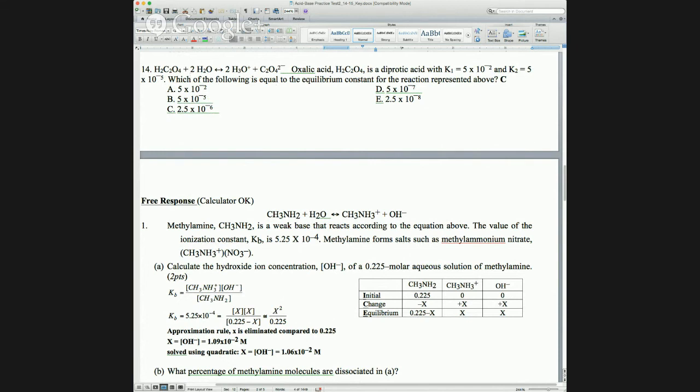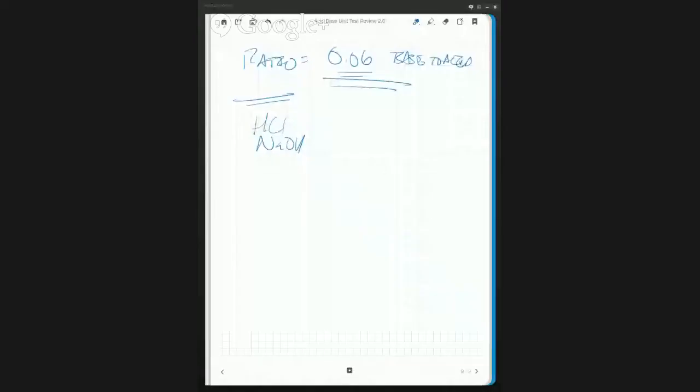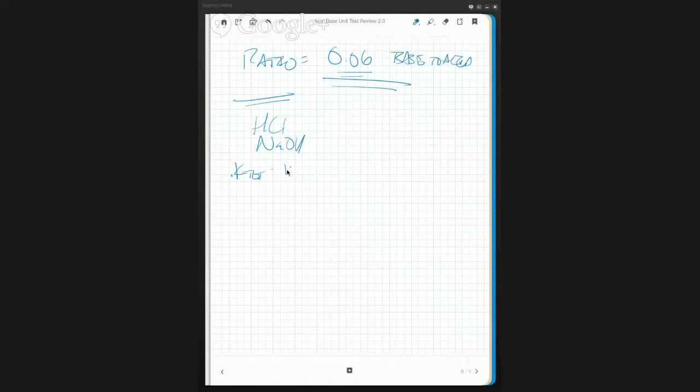I'm going to show this on my paper. And this is one of the properties of the Ks you need to be familiar with. K total is equal to Ka1 times Ka2 times Ka3, and so on.